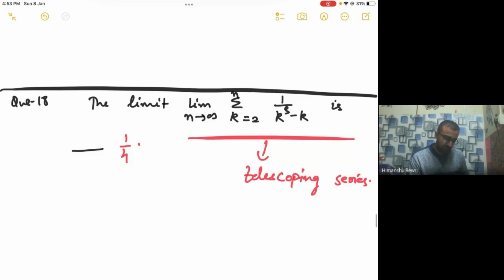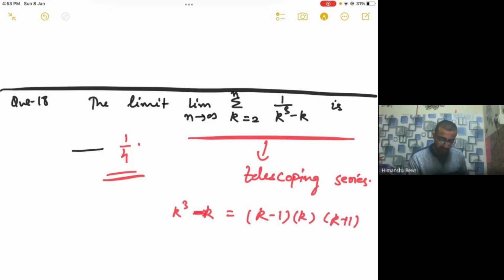This question I will leave as an exercise. The same technique we will use. We will write k cubed minus k as (k minus 1) into (k plus 1). Then in the numerator we will write it as the difference of these terms, (k plus 1) minus (k minus 1), divided by 2. So this is a hint for this question.